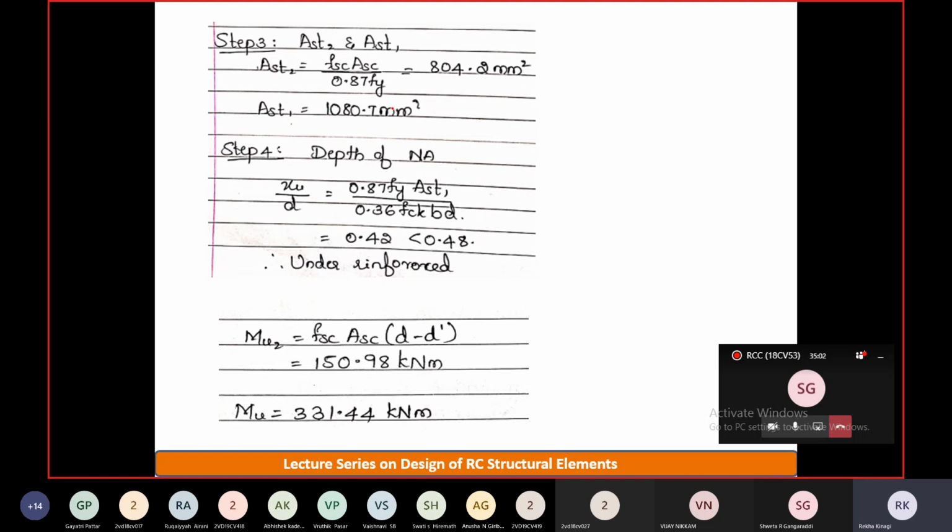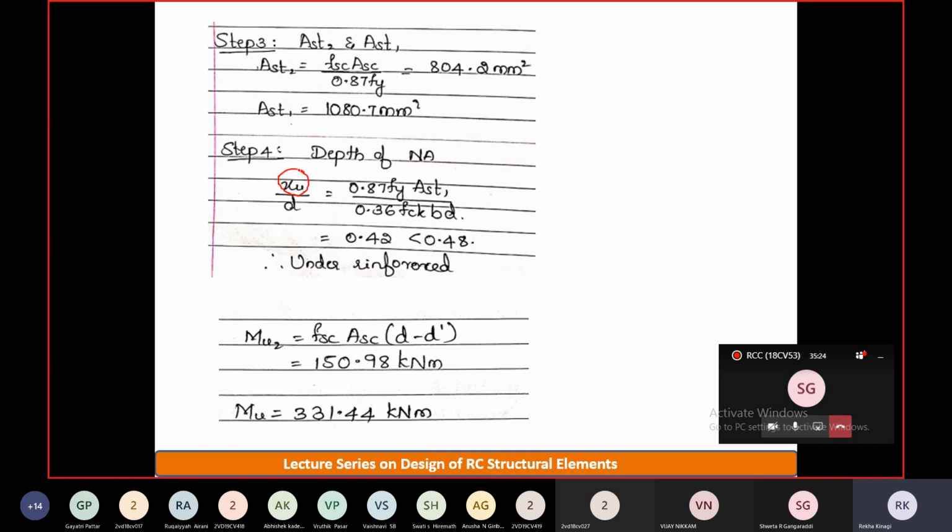Once I calculate AST1, I can use it in the XU by D equation, that is 0.87 Fy into AST1 divided by 0.36 FCK into BD, and I'll be able to calculate the value of XU.